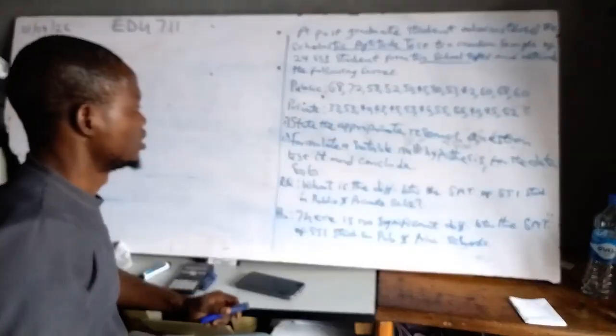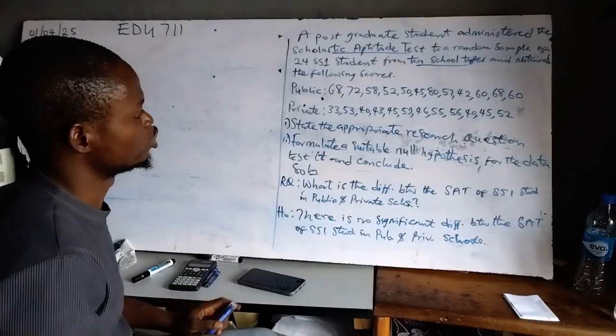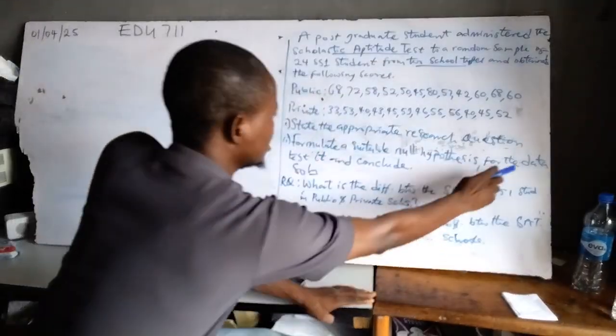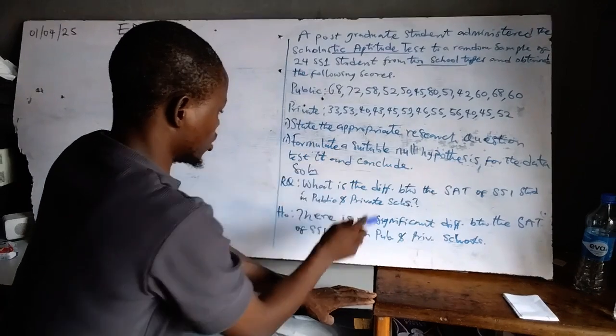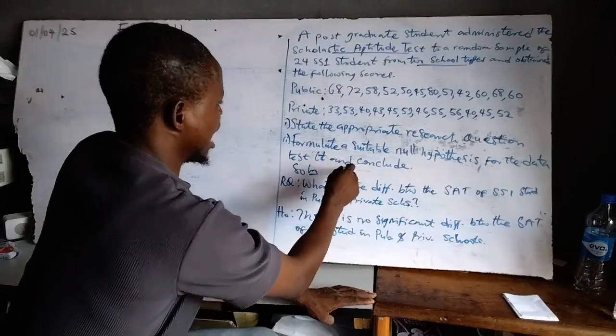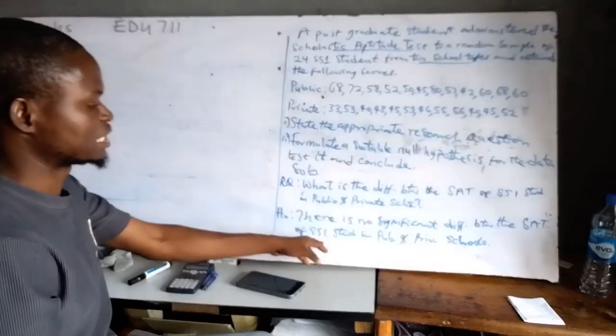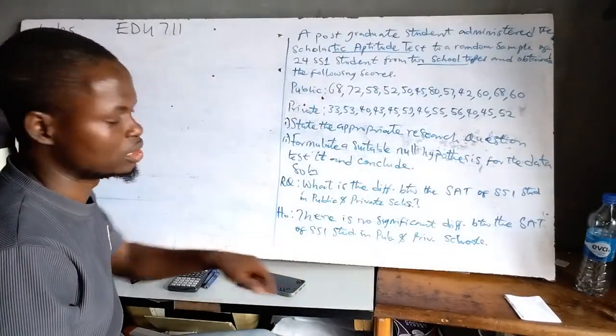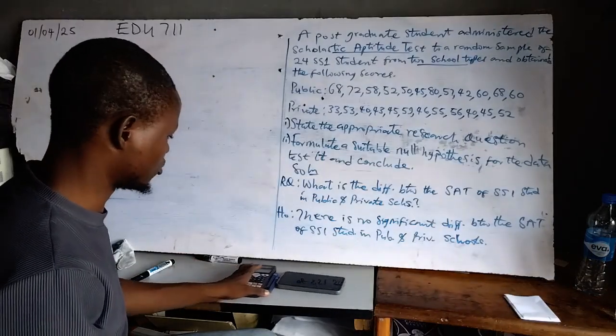So with this, we have crossed the first and second hurdle of the question. So the next is to test it. So we want to test this hypothesis and conclude. By testing, we need to test using the t-test formula.